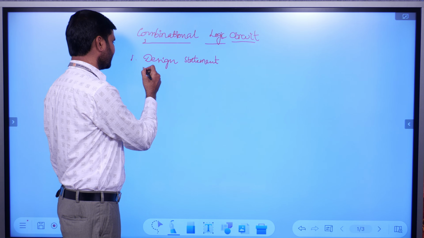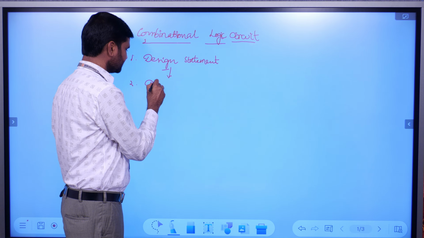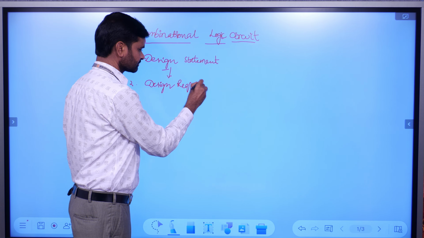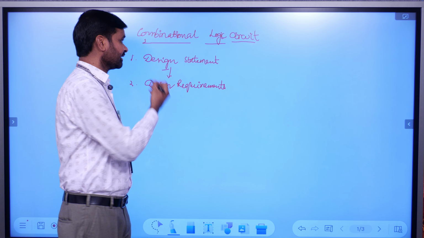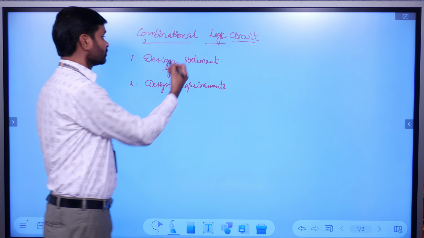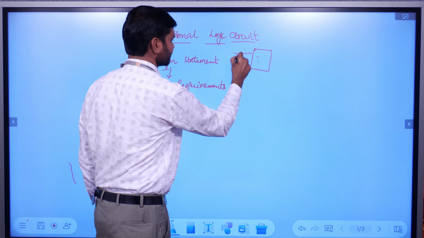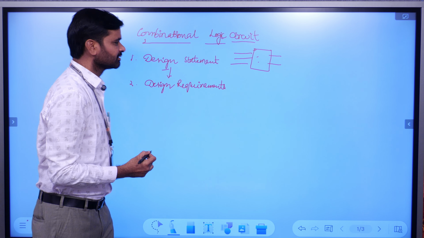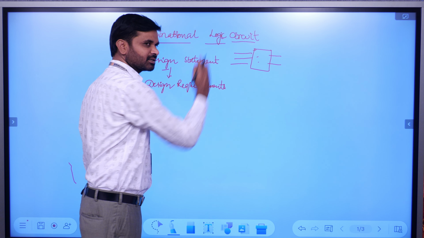So after the design statement, the next step will be design requirements. What is meant by design requirements for a logic circuit? In the early stage, in the design statement, the combinational logic circuit seems to be a black box which will do some logical operation based on the inputs and give some output.